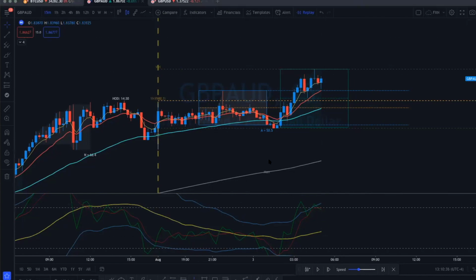Granted, it's very slight, but you can see that the first leg and second leg are off each other, while this is all the same. So you do have the slightest, very small divergence there, which is good. So let's see if we get anything that could help us get into the trade.